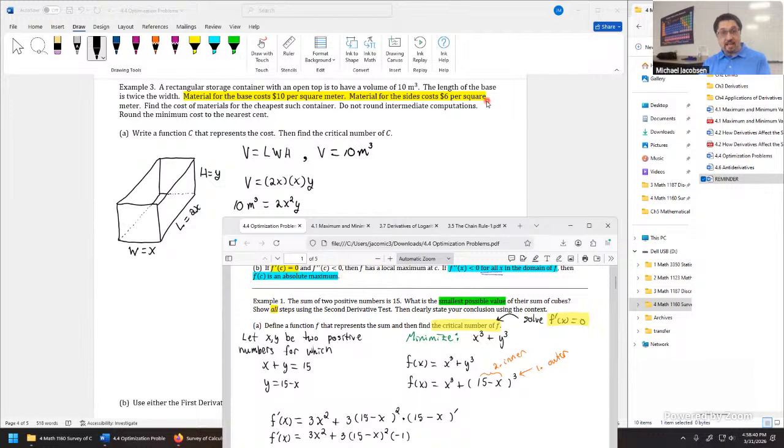The cost function, the thing that we're actually minimizing, is going to be the total material cost for building out this kind of container. So now we're building a cost function, which is much like this step right here. It will involve multiple variables, but we can eliminate it down to just one singular variable, x, by using the constraint equation, x plus y is 15.